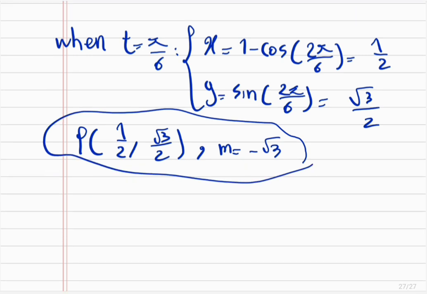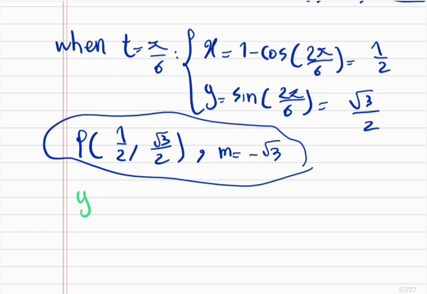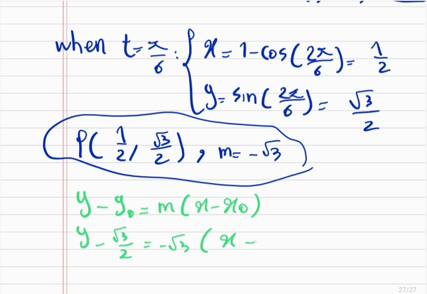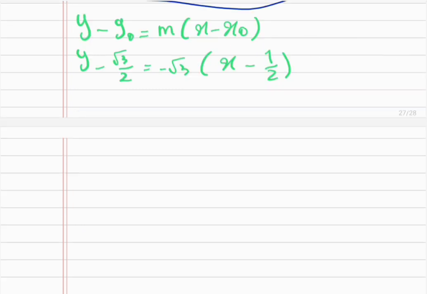So now we are going to use this famous equation, y minus y0 is equal to m times x minus x0. So y0 is the coordinate of P, root 3 over 2. m is minus root 3. And x0 is a half. Now it's just a matter of simplifying to get it in a nice form.